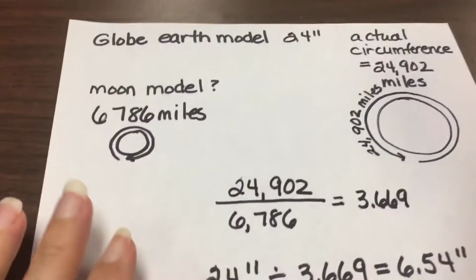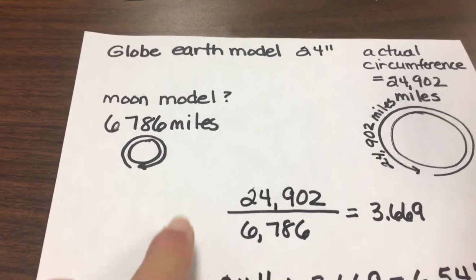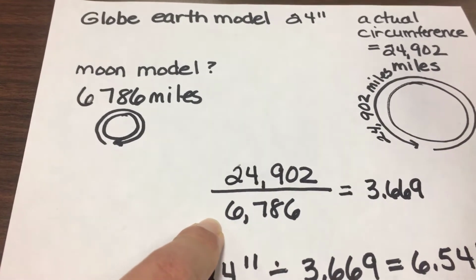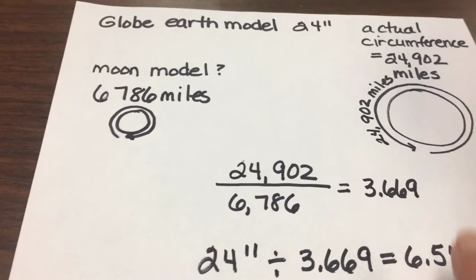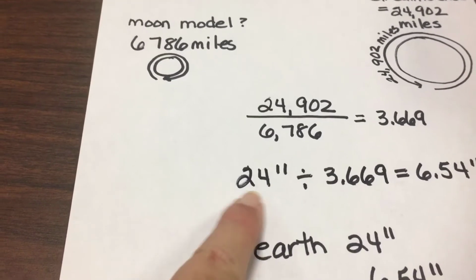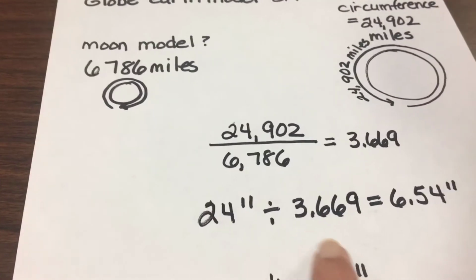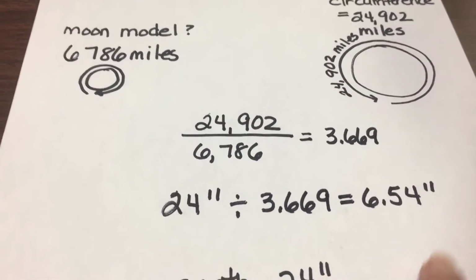Okay, so here's how we're going to do the math. We're going to take our moon model and our Earth model. We're going to take the number of miles around the Earth and divide that by the number of miles around the moon. We get 3.669. So if we take our 24 inches and divide that by the same ratio, 3.669, we get 6.54 inches.